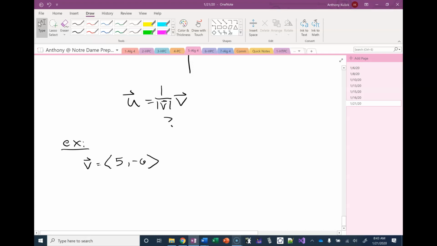So let's find, as an example, the unit vector in the same direction as v. To do that, I need the magnitude of v.